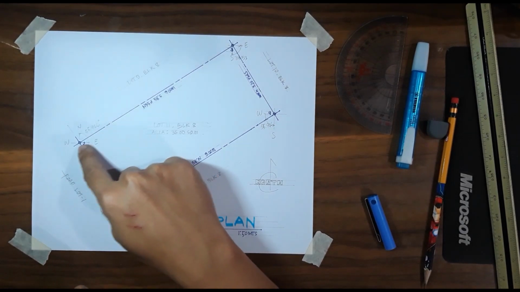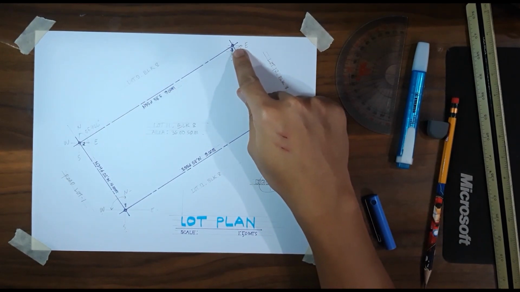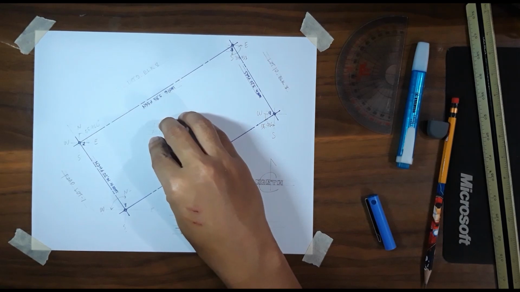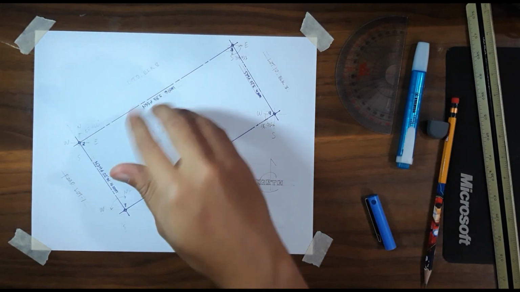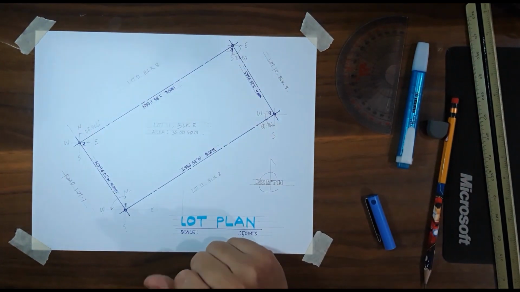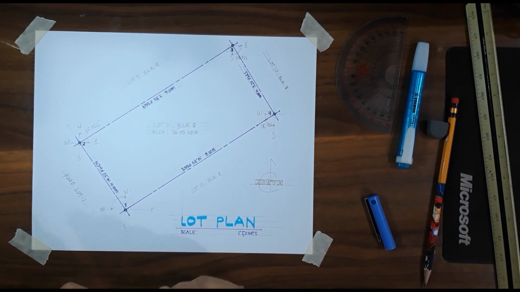The dimension is equivalent to metes, and then the property adjacent to the said property, the neighboring property, is what we call bounds. So that's why we have metes and bounds. That's also a technical term when we talk about land survey.